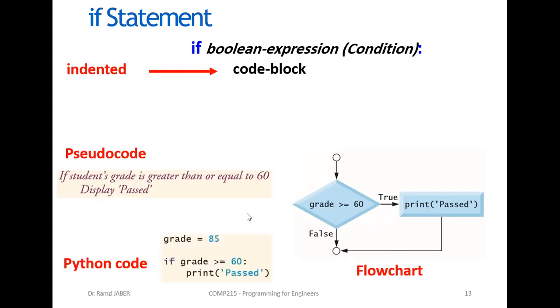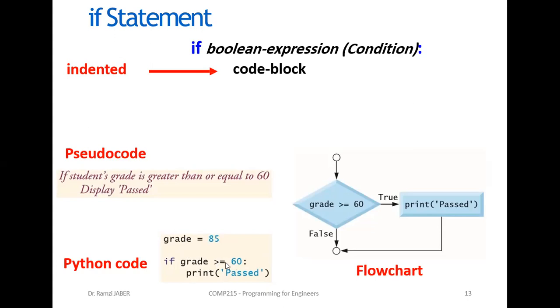The code in Python will be something like this. Grade equals 85, no semicolon, nothing at the end of any statement. If grade bigger than or equal to 60, you can put parentheses or not. The parentheses are optional here, whereas in C and Java they are obligatory.